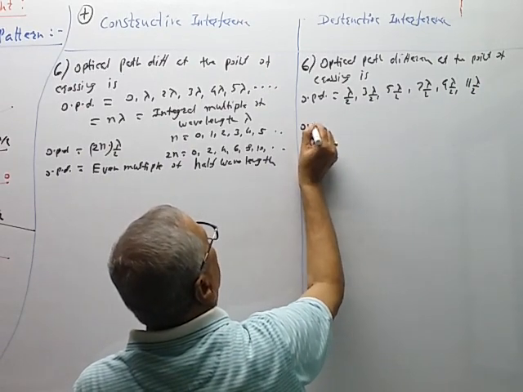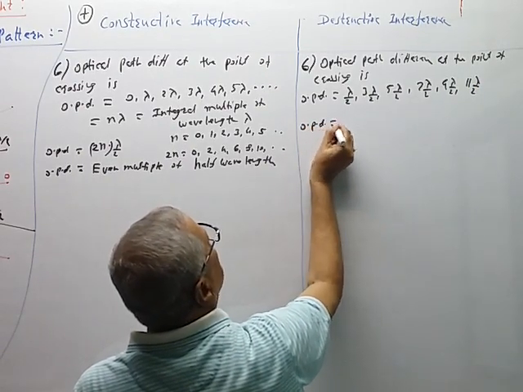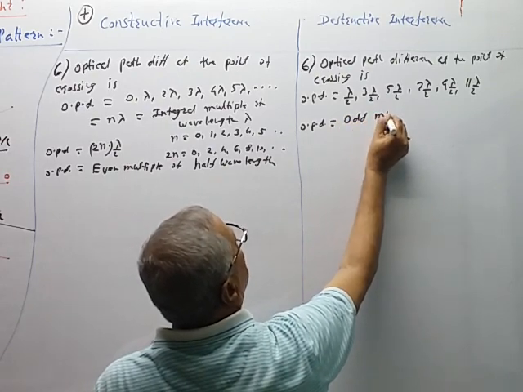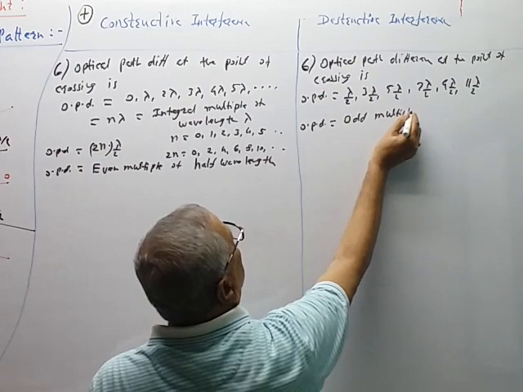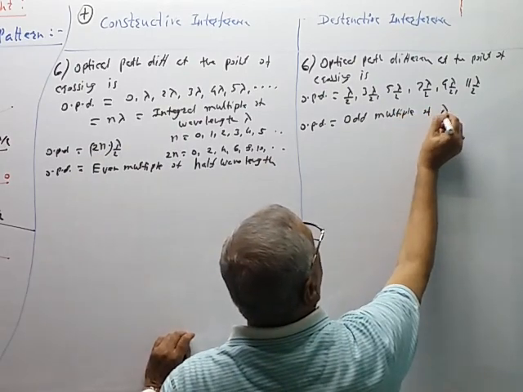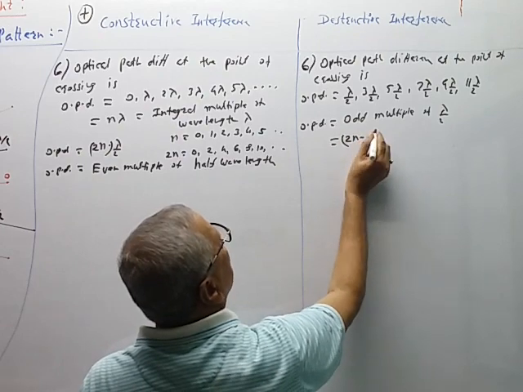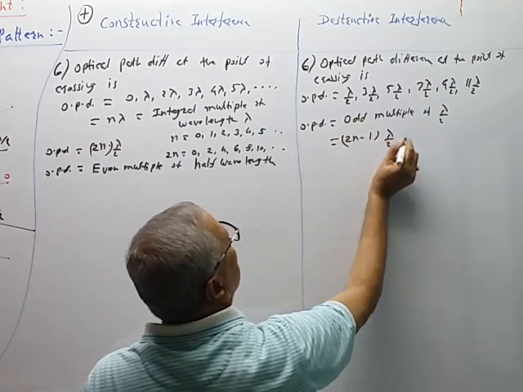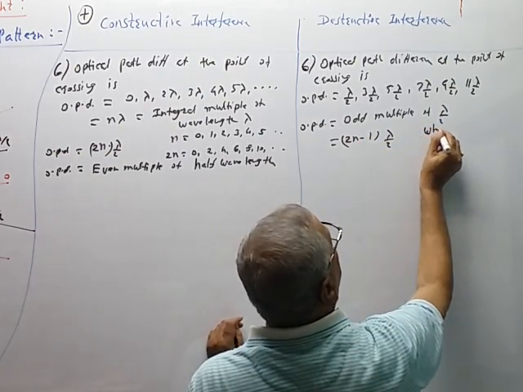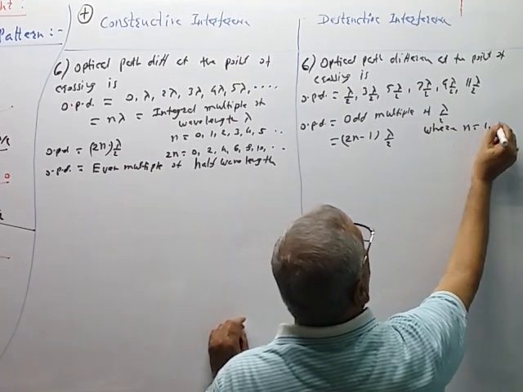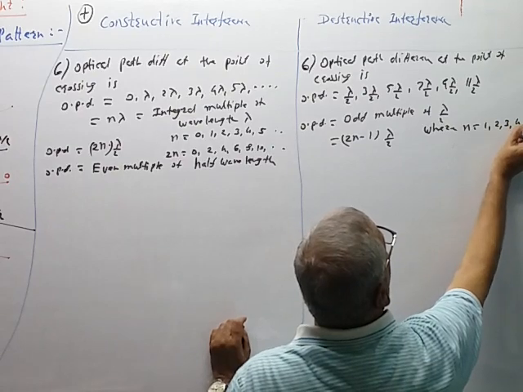So optical path difference is equal to odd multiple of lambda by 2, and odd number is given by 2n minus 1 into lambda by 2, where n is equal to 1, 2, 3, 4, 5.